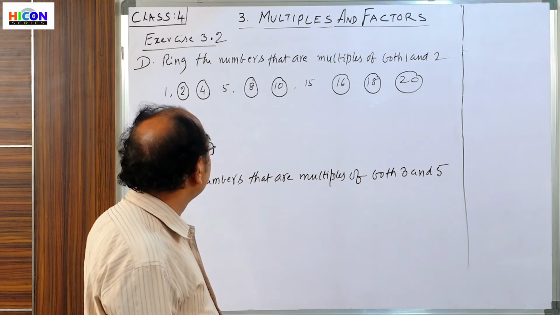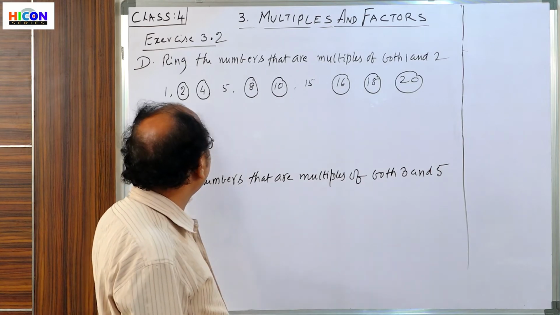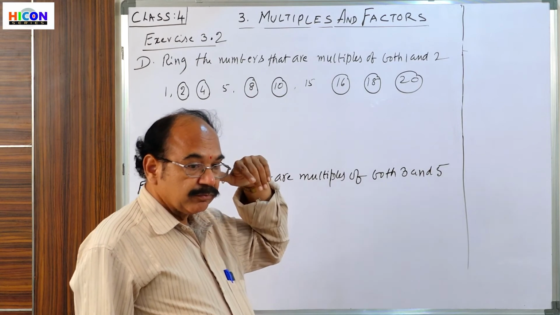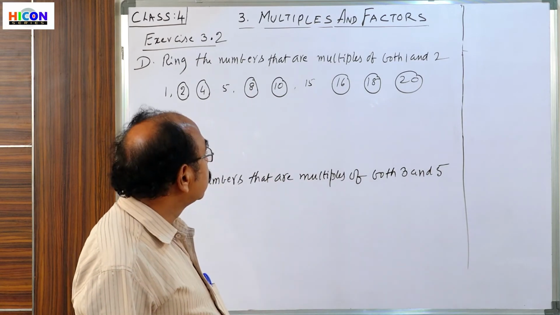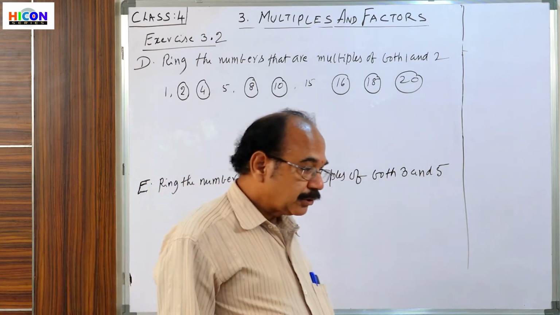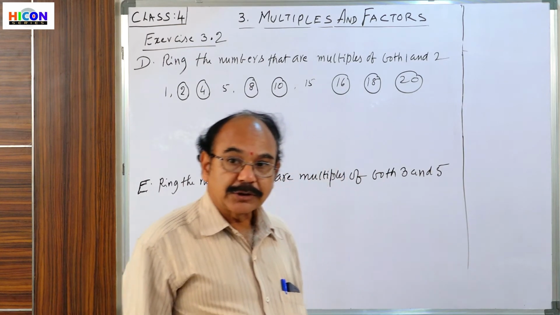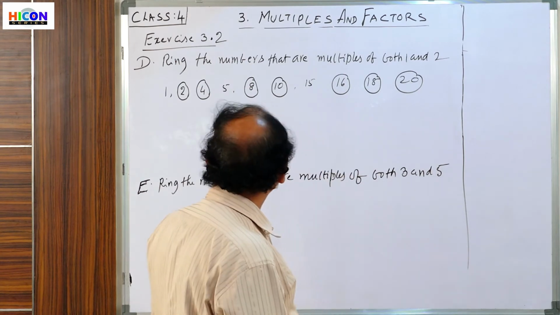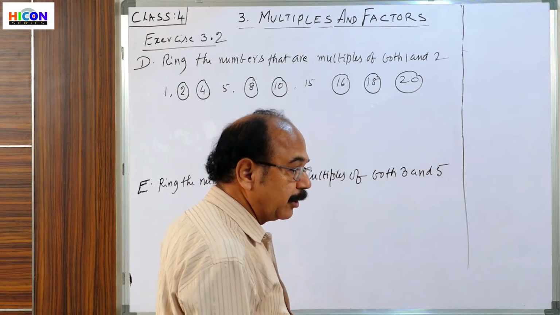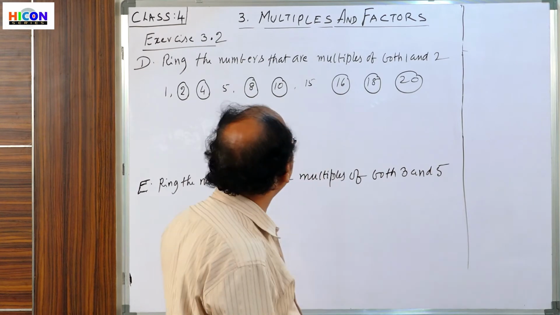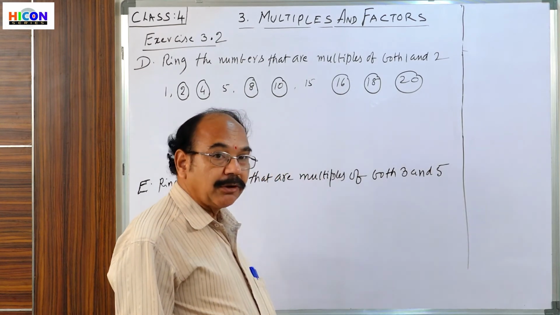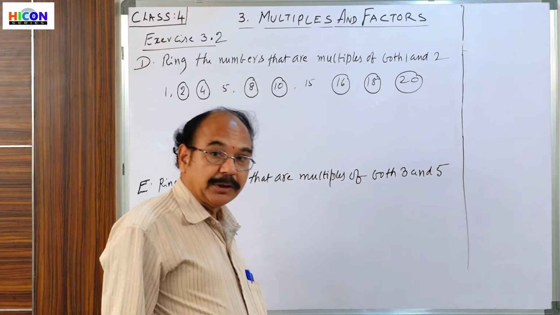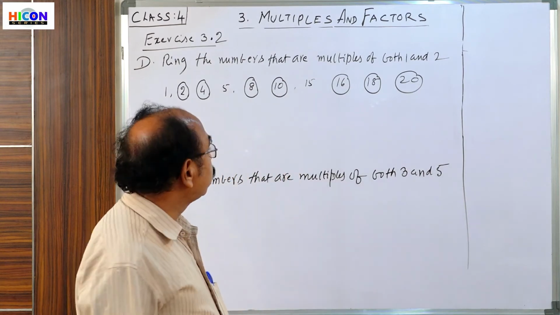In reading the 2 table, you can get 2, 4, 8, 10, 16, 18, 20. Okay. So here, the numbers which we circled, the numbers which you kept in the ring, are the multiples of both 1 and 2.